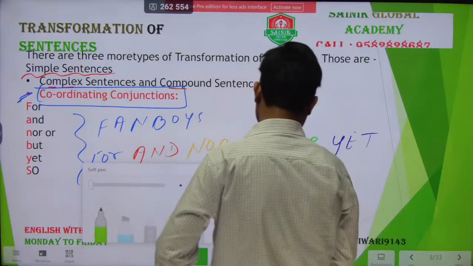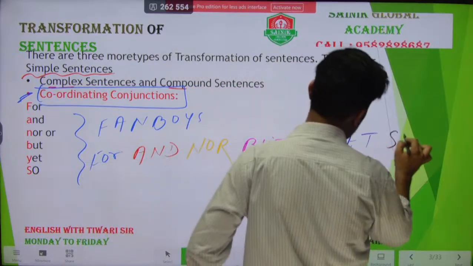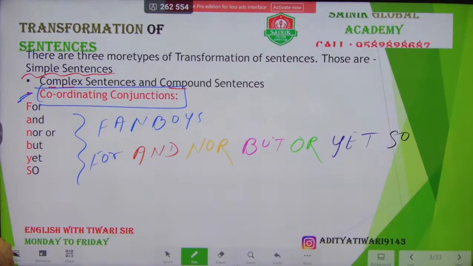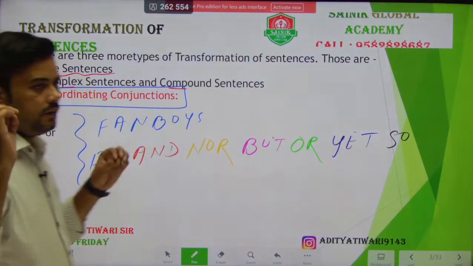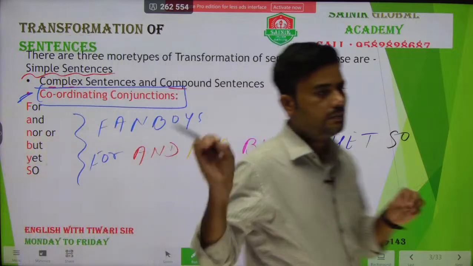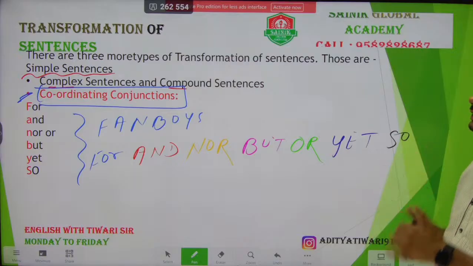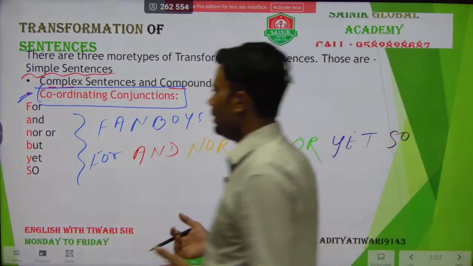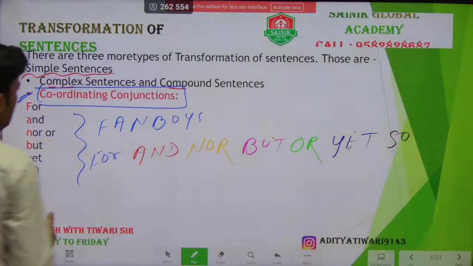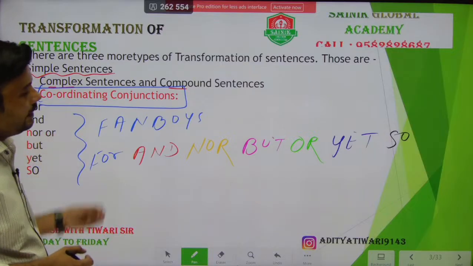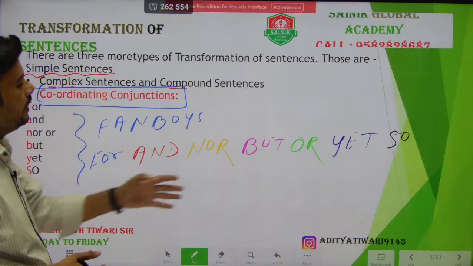S means what? S means so. This is called FANBOYS. FANBOYS are the part of coordinating conjunctions. If you learn FANBOYS, then you will simply understand coordinating conjunctions, and you need to learn them first for understanding transformation of sentences. FANBOYS means for, and, nor, but, or, yet, so.